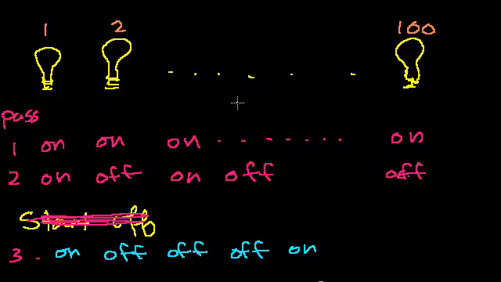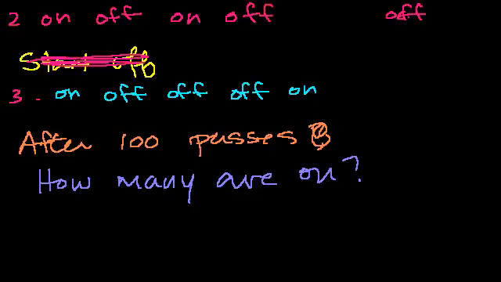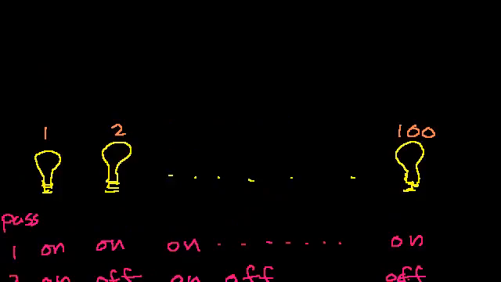Well, if I'm on pass n, and this is a hint if you want it, I know all the light bulbs numbered where n is a factor of that light bulb will get switched, right?